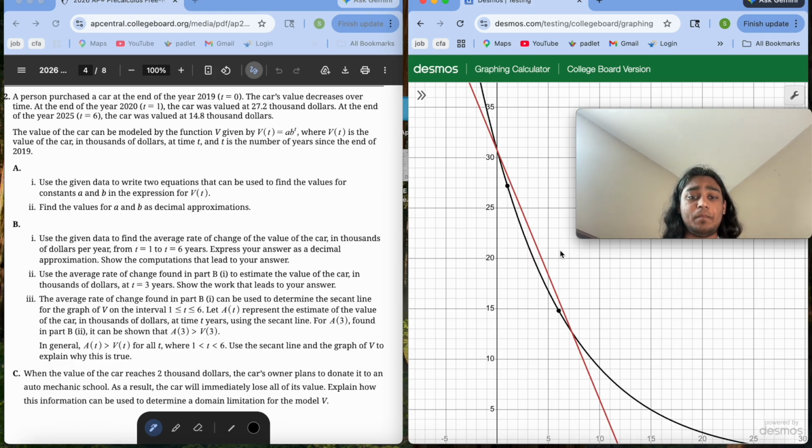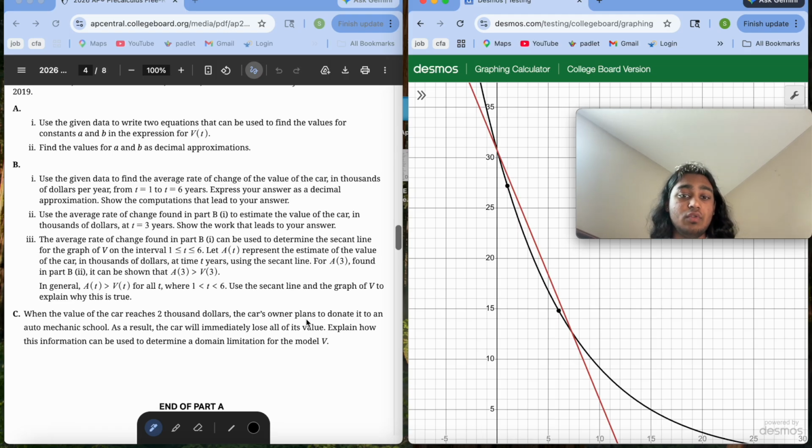So the secant line is greater than the v of t. So A of t is greater than v of t on the interval from 1 to 6. So yeah, it's always going to be an overestimate. Because the line's always above, it's just always going to be greater.